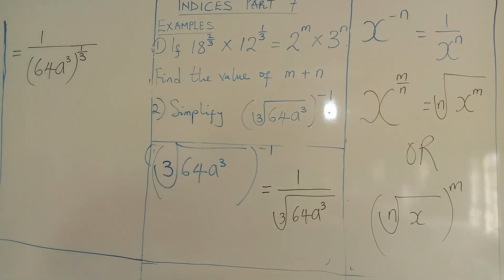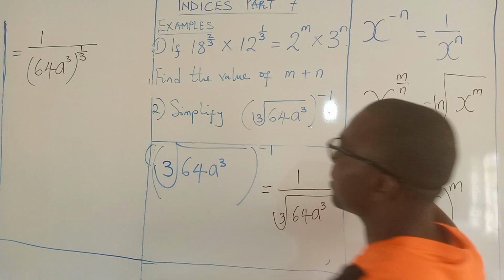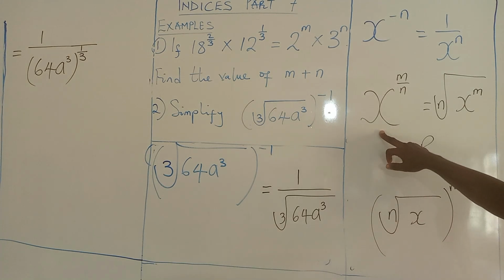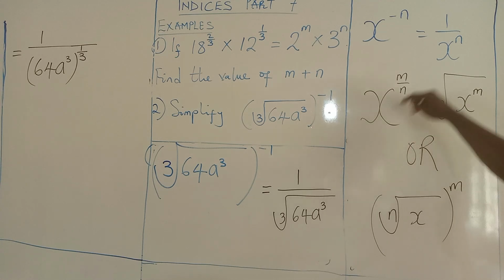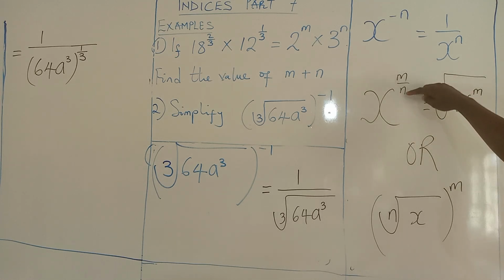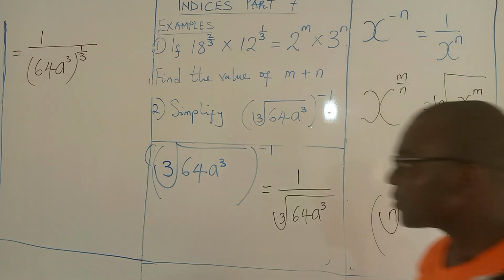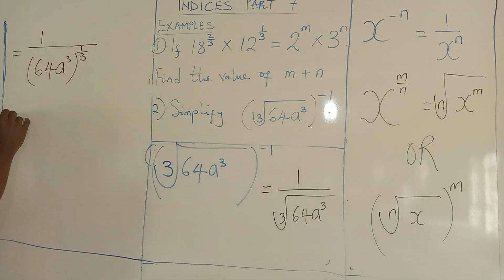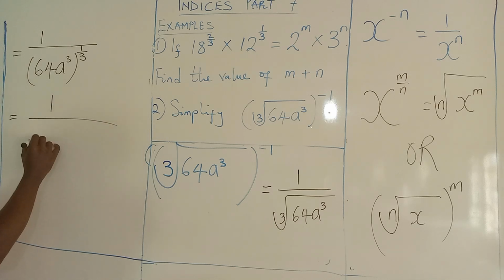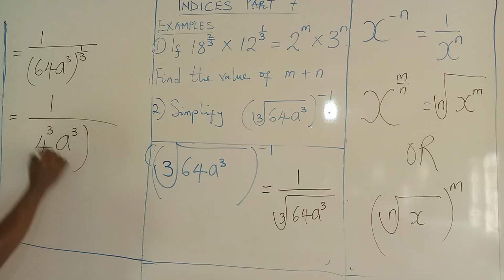If you compare this with the law, x is the same thing as 64a raised to power 3, m is 1, and n is 3. Of course, 64 is the same thing as 4 raised to power 3, which means we can have it as 1 all over 4 raised to power 3, a raised to power 3, everything raised to power 1 over 3.